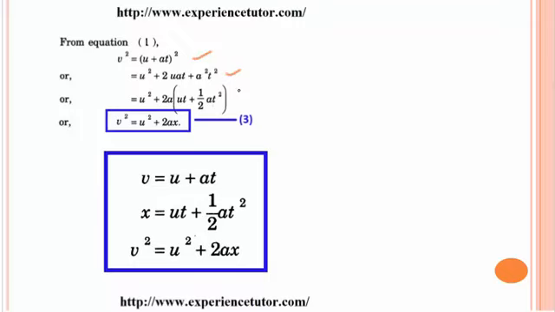Upon simplification, we get u square plus 2a (ut plus half at square). Instead of ut plus half at square, we can write x. Therefore, the final equation is v square is equal to u square plus 2ax. This is the third equation for the motion.